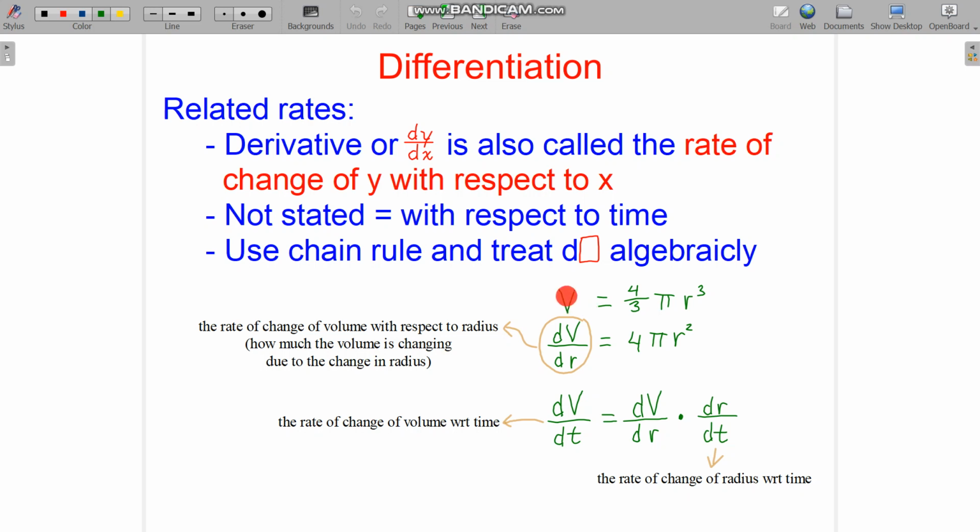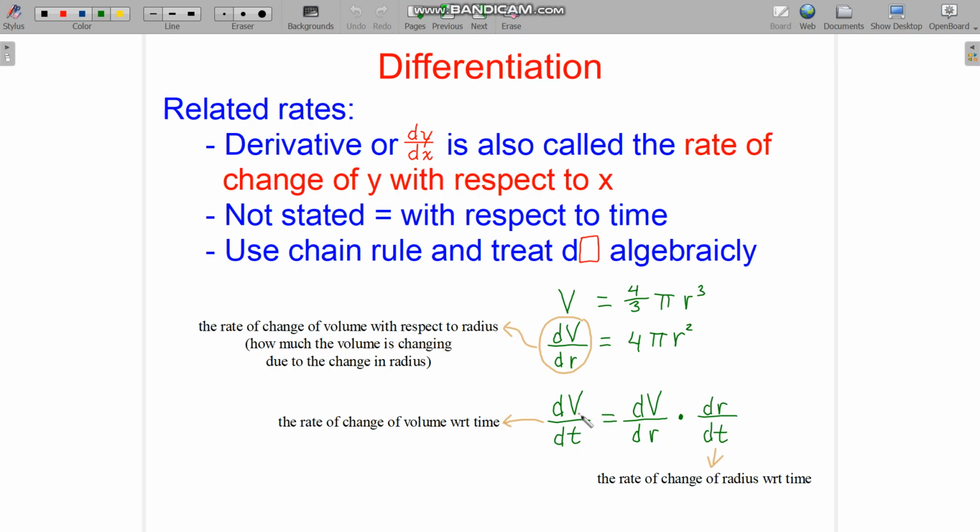So for example, if V equals 4/3 pi r cubed, the dV/dr, we differentiate, 3 times 4 over 3 is 4, the new power is 2. So this is called the rate of change of volume with respect to radius, which is how much the volume is changing due to the change in radius.